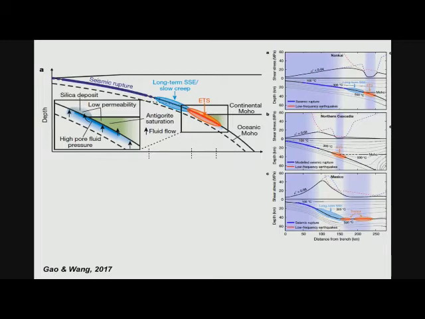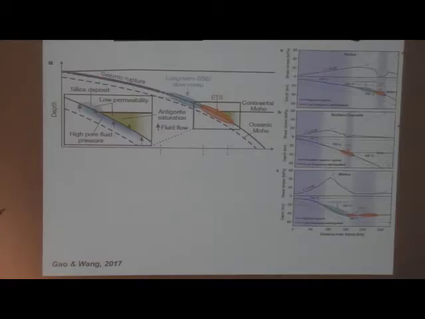What they basically think is that this happens only in very hot subduction zones, so that you transition from frictional behavior to more creep at a depth that's shallower than the mantle wedge.